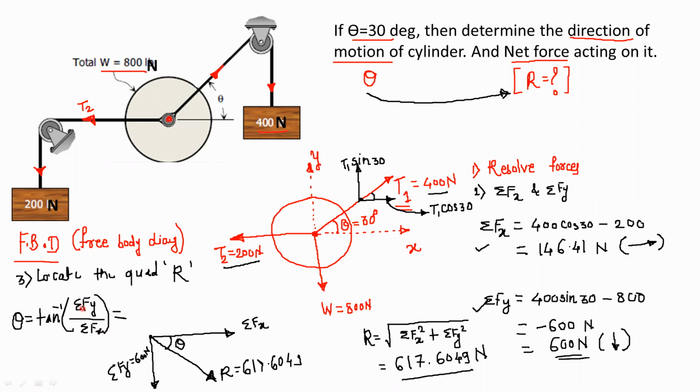So just put the value of summation Fy and summation Fx. Just put the positive value. Because we already know the quadrant, it is the fourth quadrant. So just take this 600 and divide it by the 146. You will get the answer positive for theta, and this is the exact direction of the theta.